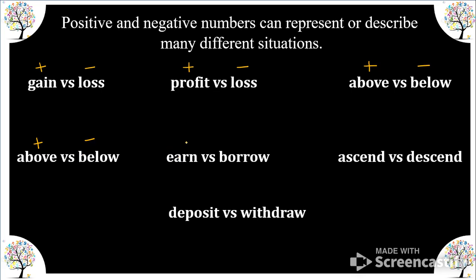If you earn money, that is a positive situation, but if you borrow and you're in debt, we think of a negative value. Okay, how about ascending, meaning going up? That would indicate positive. Descending, going down, is negative. And if you deposit money into the bank, then that is a positive value. But if you withdraw and take money out, that is negative.